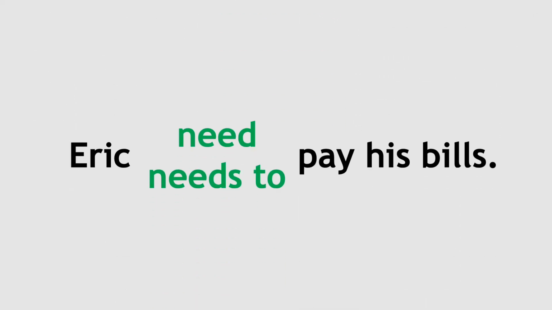For example, we can say Erik need to pay his bills. So we use need as a modal verb, so we don't need to change it into needs. But if we see need as the main verb for the clause, we can say Erik needs to pay his bills. So we can use necessary to replace the modal verb and the main verb need.